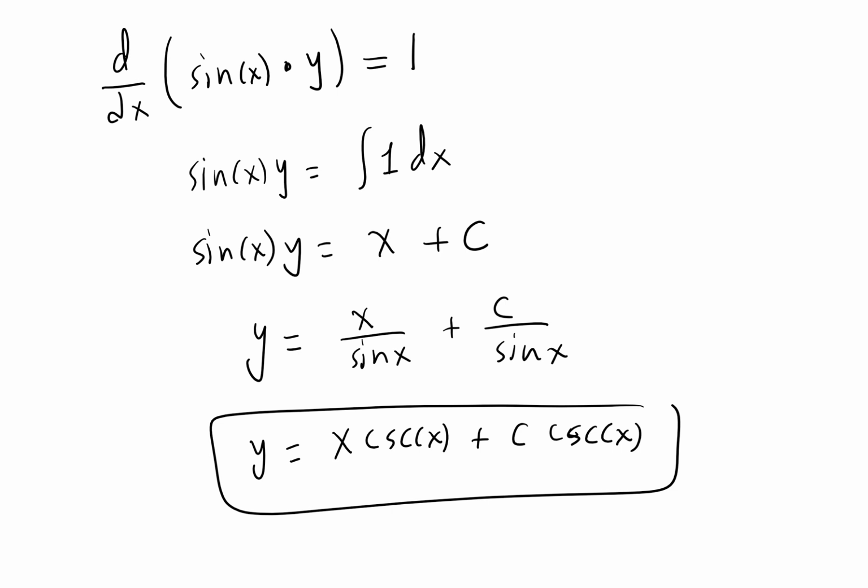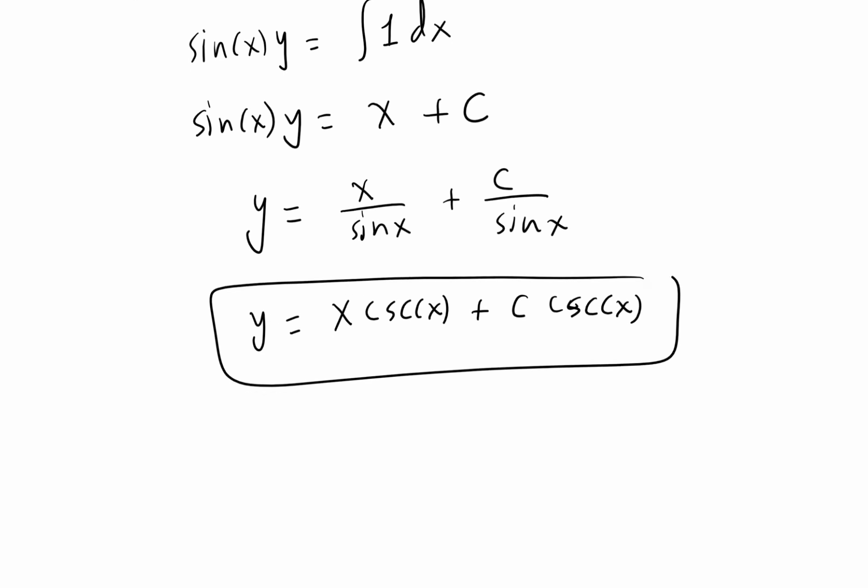If they ask you to solve an equation with an initial condition, all you have to do, when you get to this point, like the box form, is use that condition to find the value of c. I don't know, let's come up with a number here.